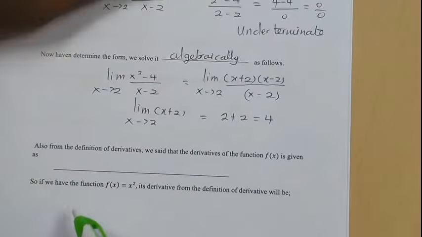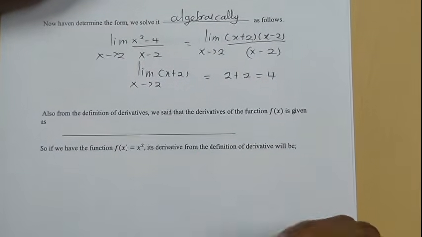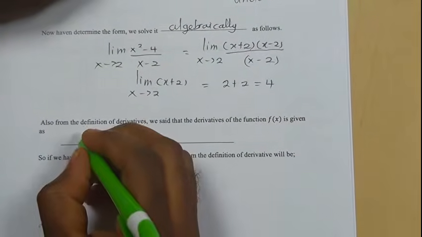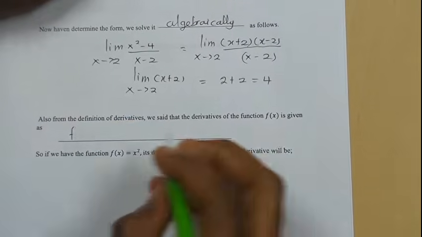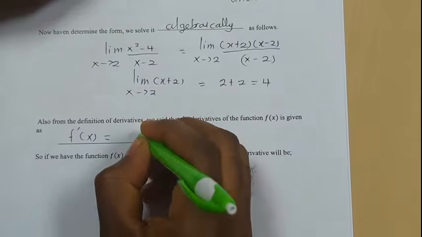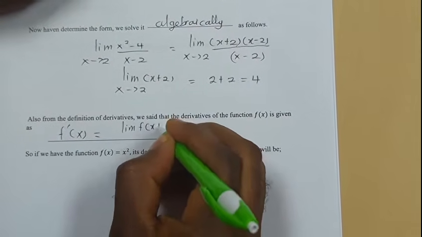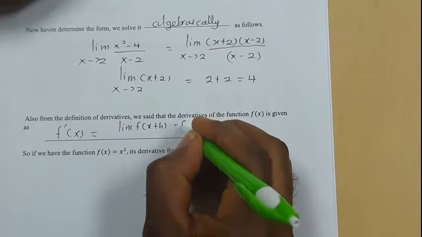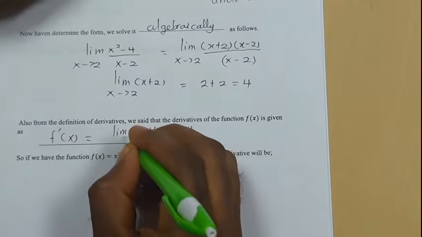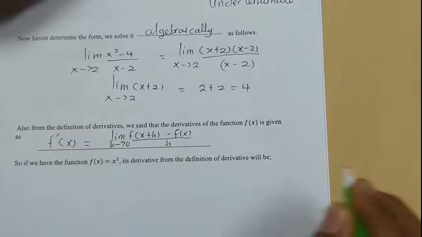Also, we said that from the definition of derivative, the derivative of a function f of x is given as f prime of x is equal to the limit of f of x plus h minus f of x all over h as h approaches 0.